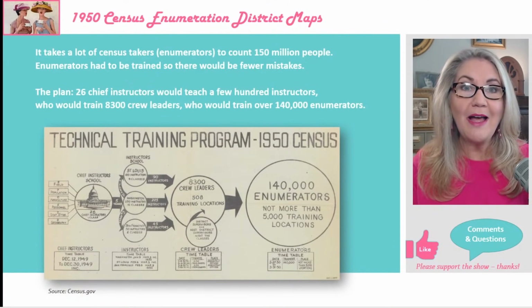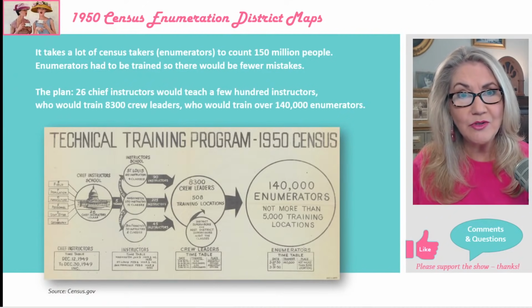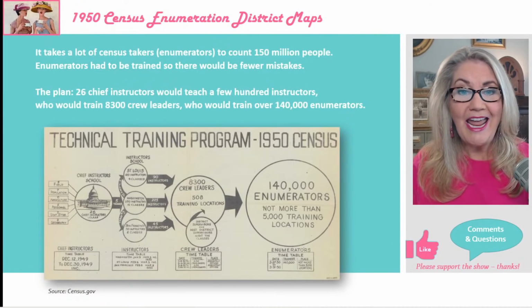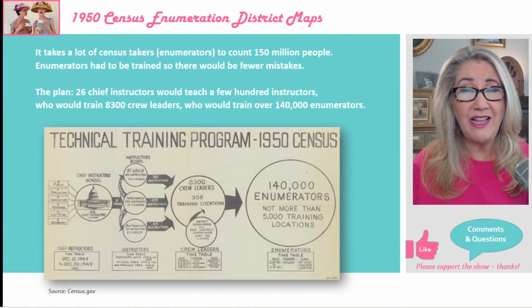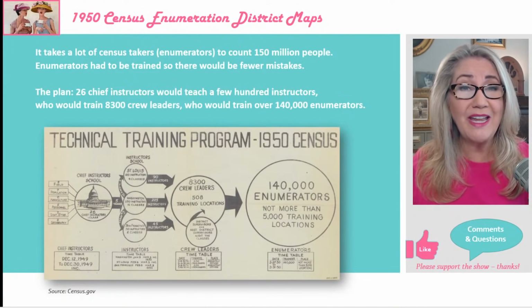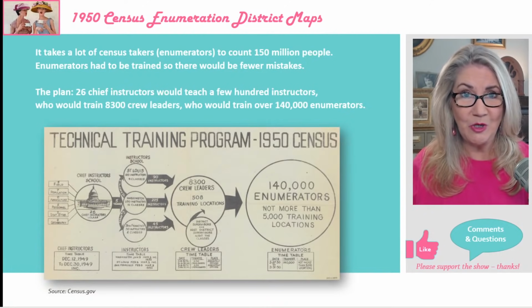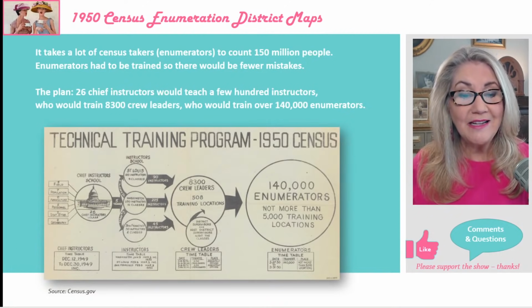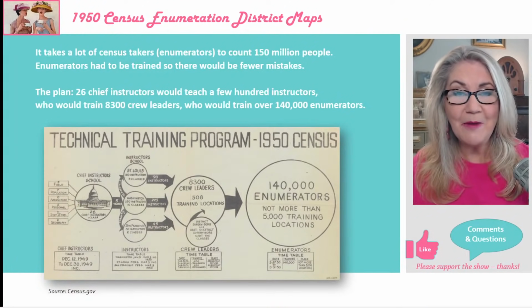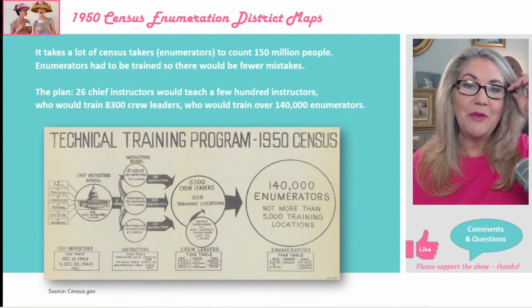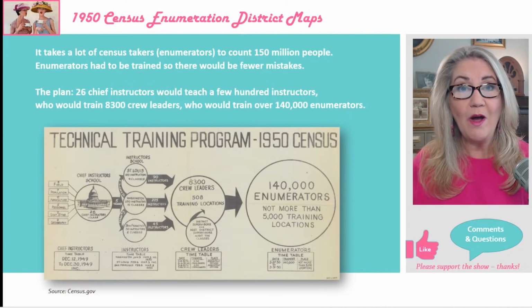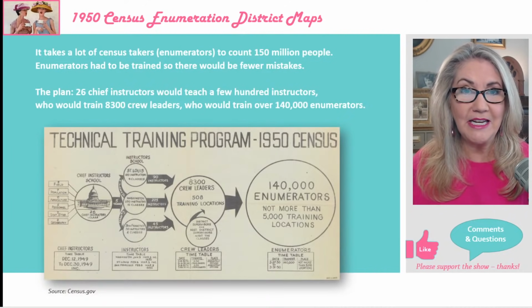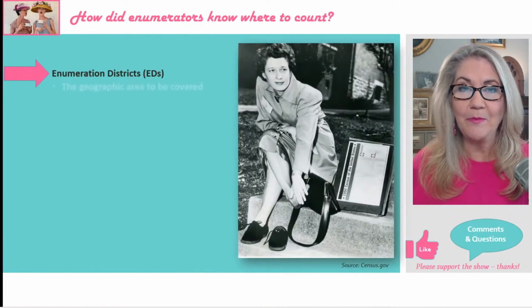Those people were going to go out and train about 8,300 crew leaders, and they were going to train the 140,000, which I think ended up being about 143,000 census enumerators. So that's a lot of people. This came from the U.S. Census Bureau website, and I just think it's really interesting to see what it was taking at this point in American history to cover all of these people.